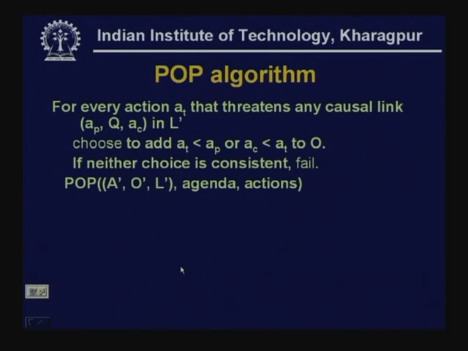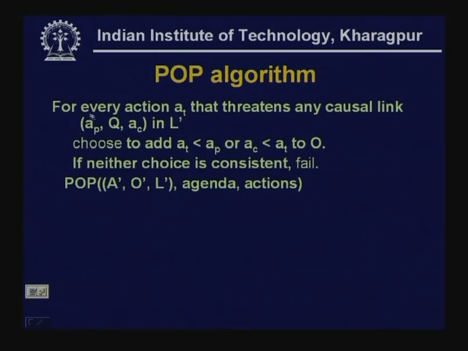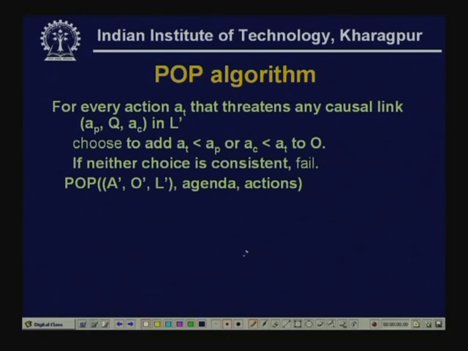Then for every action A that threatens any causal link, so we have taken care of open preconditions. Next we have to take care of unsafe links. Now, for every action AT, we check if it threatens any causal link. If it does threaten any causal link, we must put the action AT either before AP or after AC. So, I have already drawn that diagram.